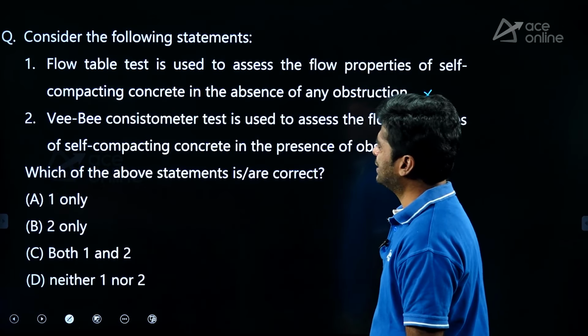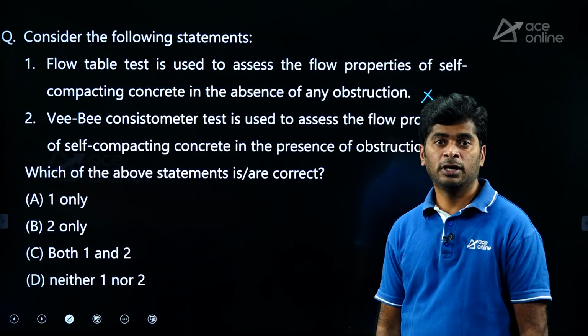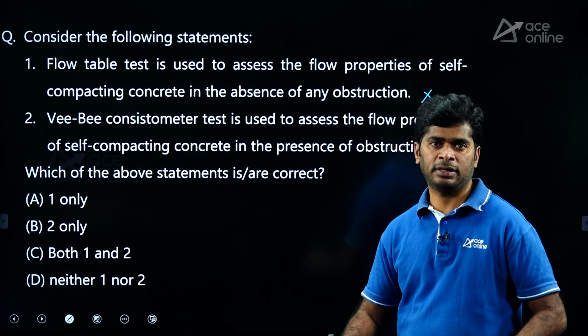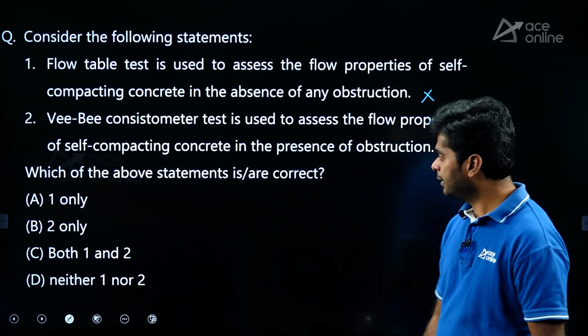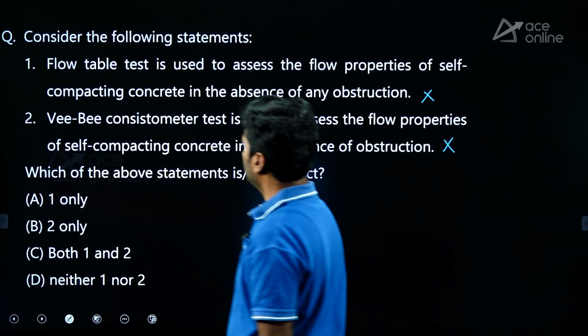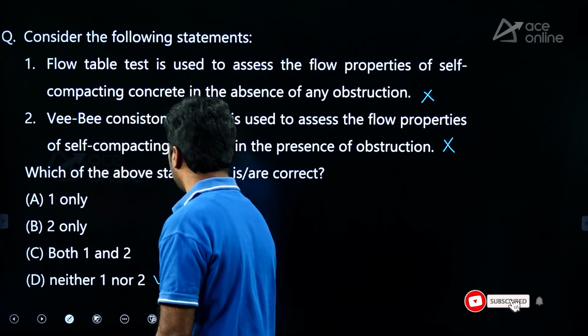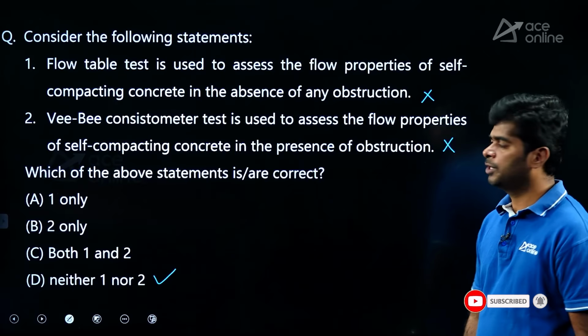My dear, VB test and flow table test are used to find the workability of concrete, no doubt, but for ordinary concrete, not for self-compacting concrete. For self-compacting concrete, we use V funnel test, right? So, 1 is false, 2 also false, neither 1 nor 2. Option D correct. Okay. Then coming to the next question.